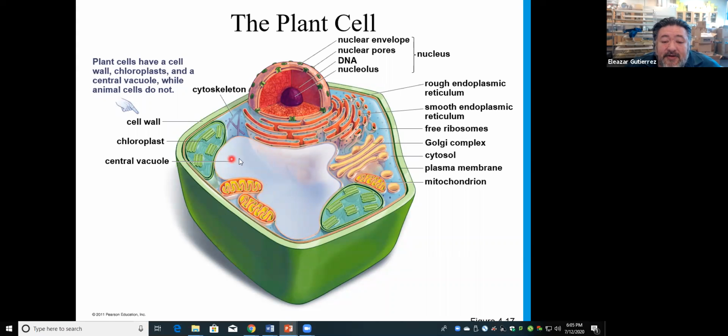Remember that central vacuole degrades material. It's a place for the storage of nutrients. And another thing that I haven't seen on this slide is it provides plant turgor. So you know this, when you have your little tomato plant at home and you forget to water it and it wilts, okay, your plant no longer has turgor.